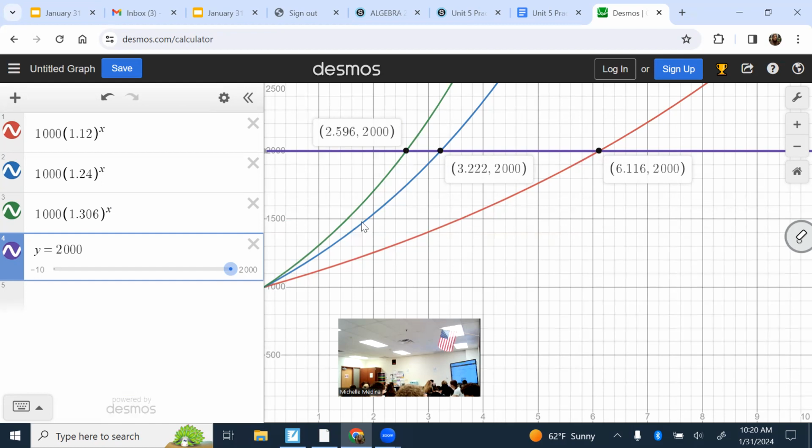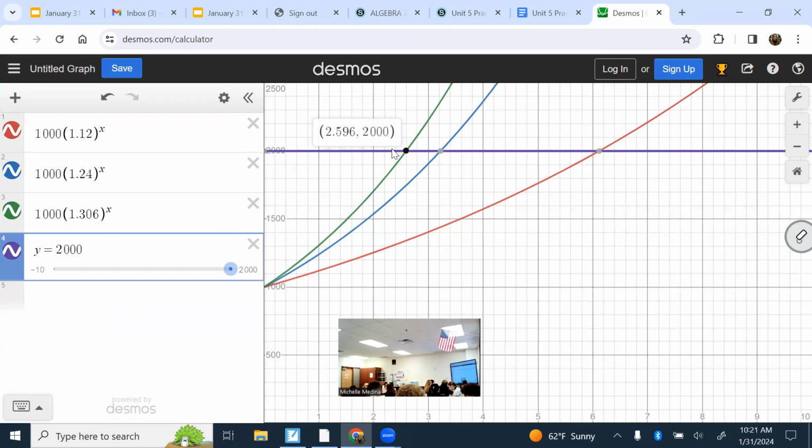So for this green line, that goes with which loan? Loan A, B, or C? We know how to read the expression, the one that I already showed you. Maybe you should have written it down. So which one does the green line go with?